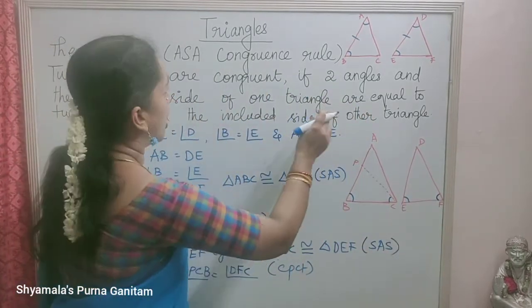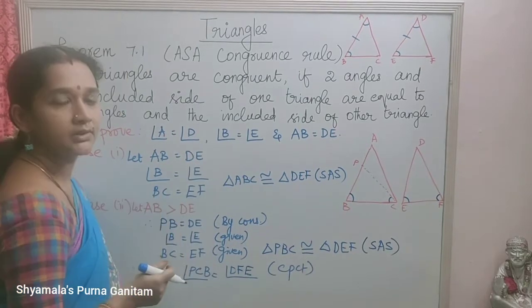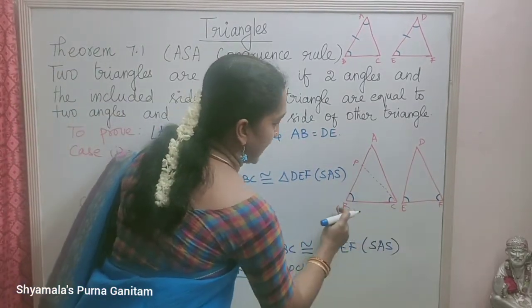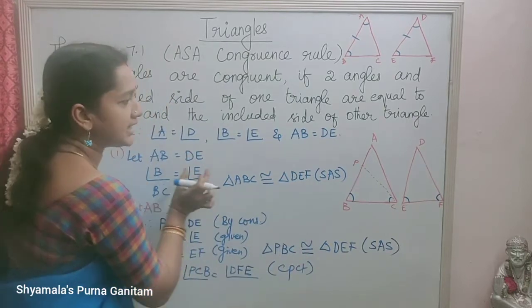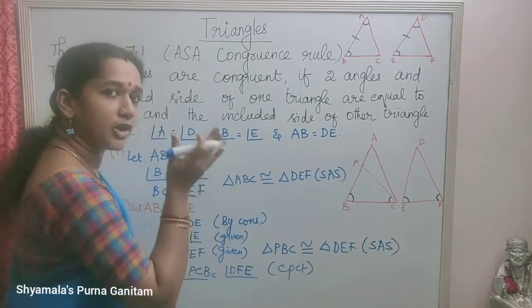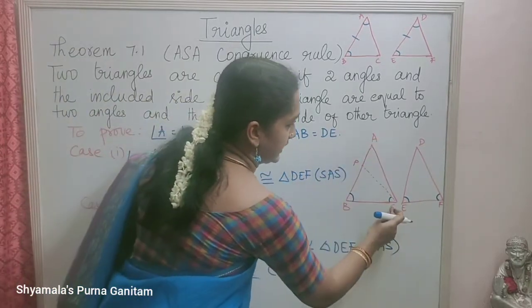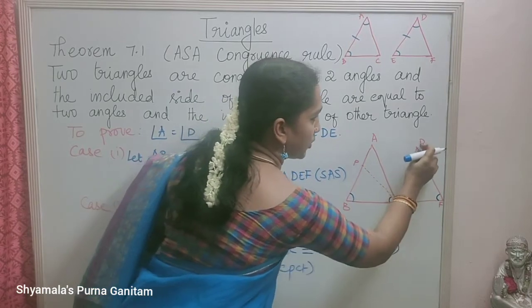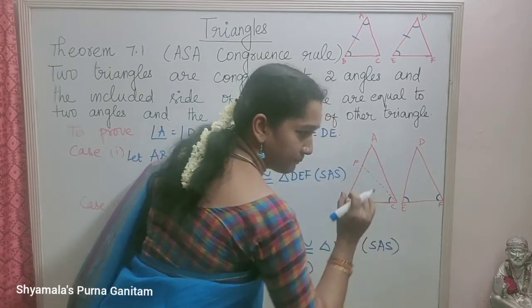But already we know that angle B is equal to angle E, already we have taken. Then by CPCT, ACB is equal to DFE.